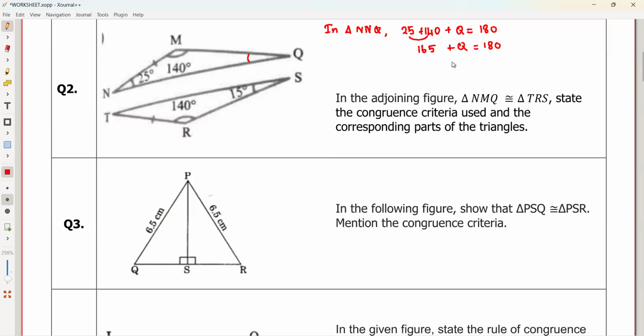So angle Q is equal to 180 minus 165, which is 15.